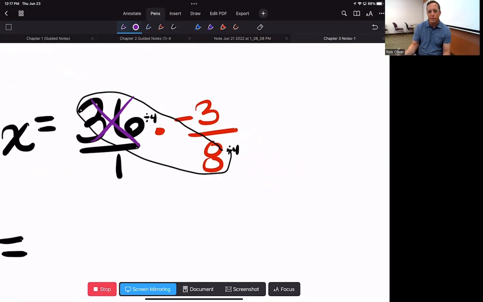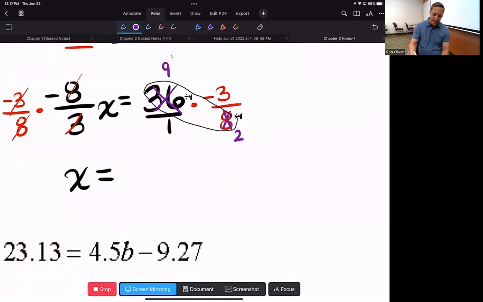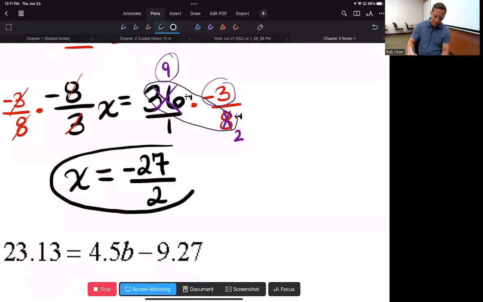But 36 divided by 4 is 9, and 8 divided by 4 is 2. So now we just do 9 times negative 3, which is negative 27, and then 1 times 2, which is 2. So you've got negative 27 halves right there.